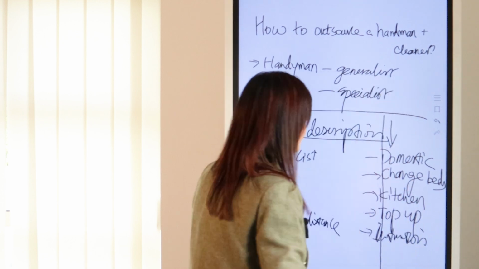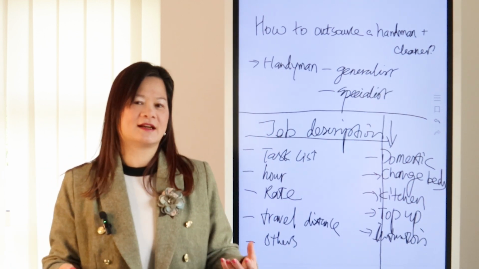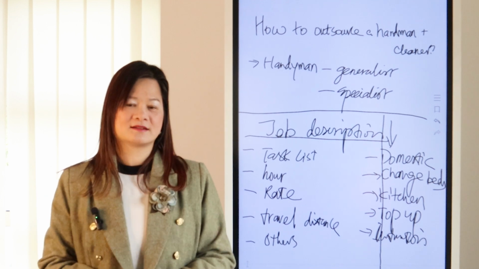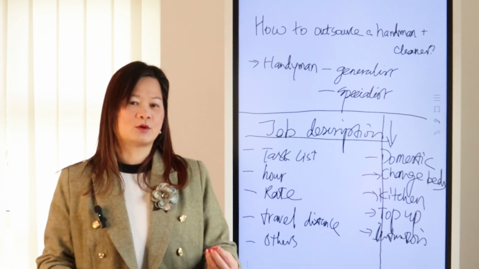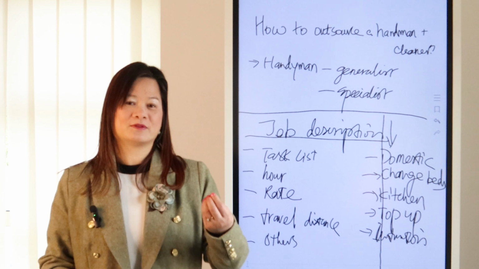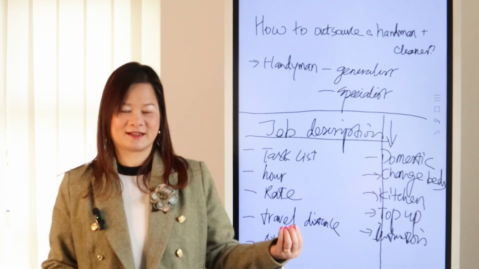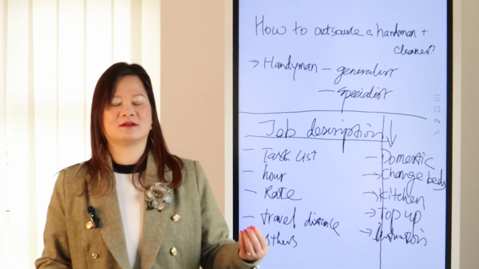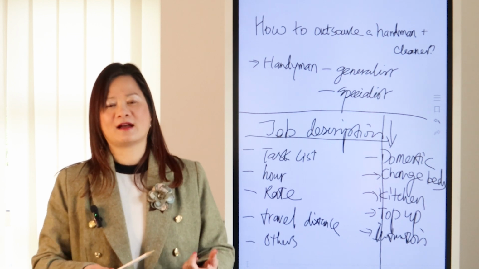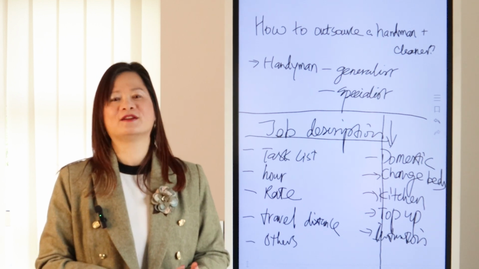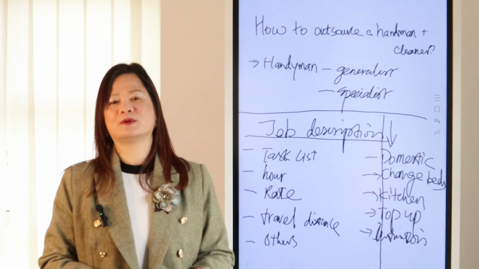With the instructions, you will then need to tell them what kind of standard you need them to provide. Don't assume your cleaner knows what they're doing just because they're a professional cleaner who works as a cleaner. If they clean an HMO, a house of multiple occupancy, they clean differently. If they clean an Airbnb, they clean differently.